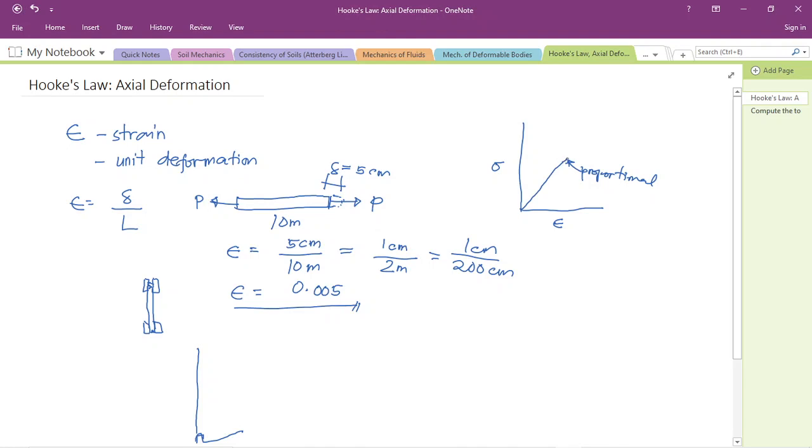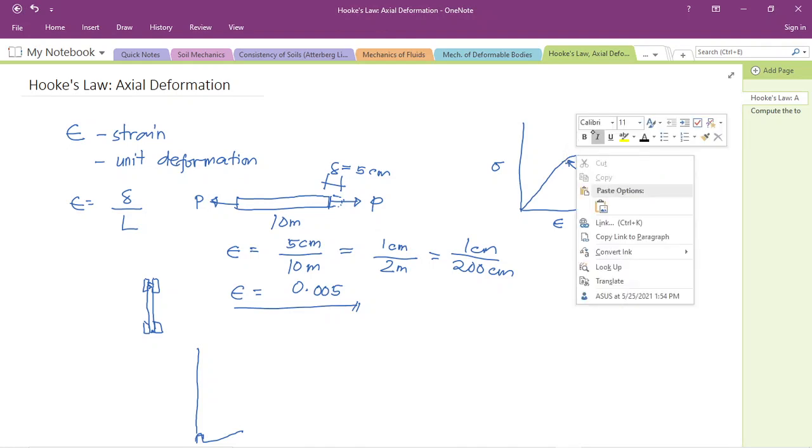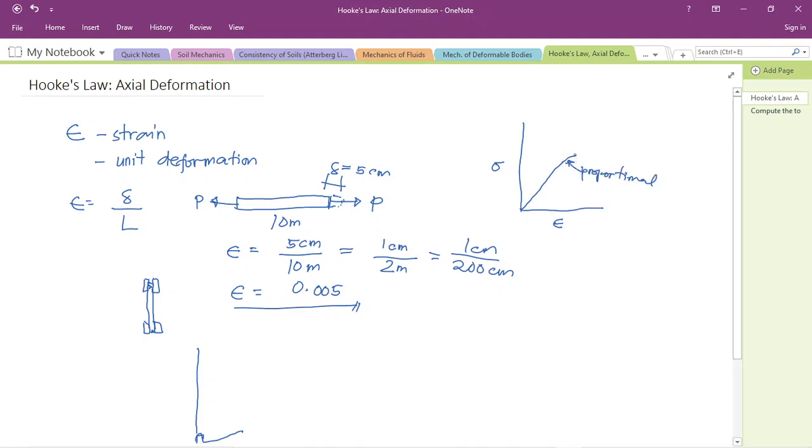Unlike kapag naglampas na siya dyan, na-reach niya yung elastic limit, magiging pa-curve na yung diagram. So, dito lang sa portion na ito, makikita mo, almost linear siya.